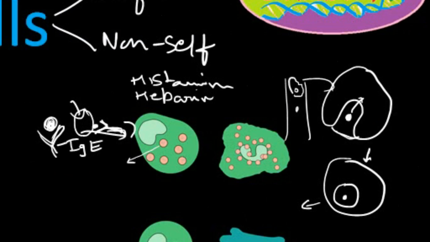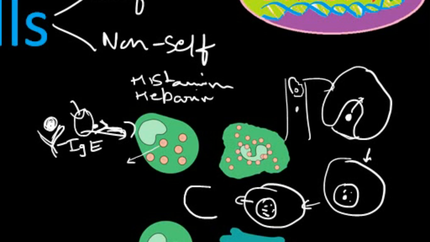Once inside, they produce hydrolytic enzymes or peptide-breaking enzymes which break the antigens inside these vesicles into small peptides, and these peptides are then presented on the surface of these macrophages with class 2 MHC molecules to the T helper cells.